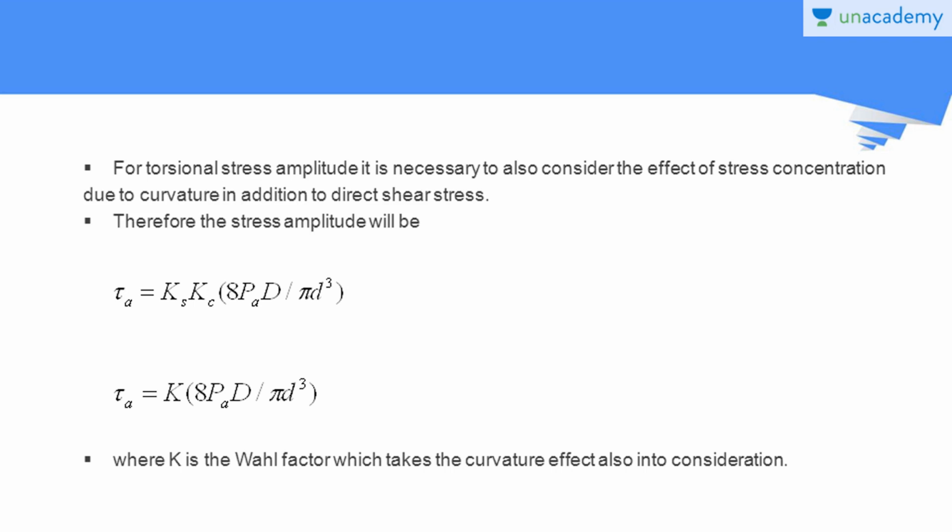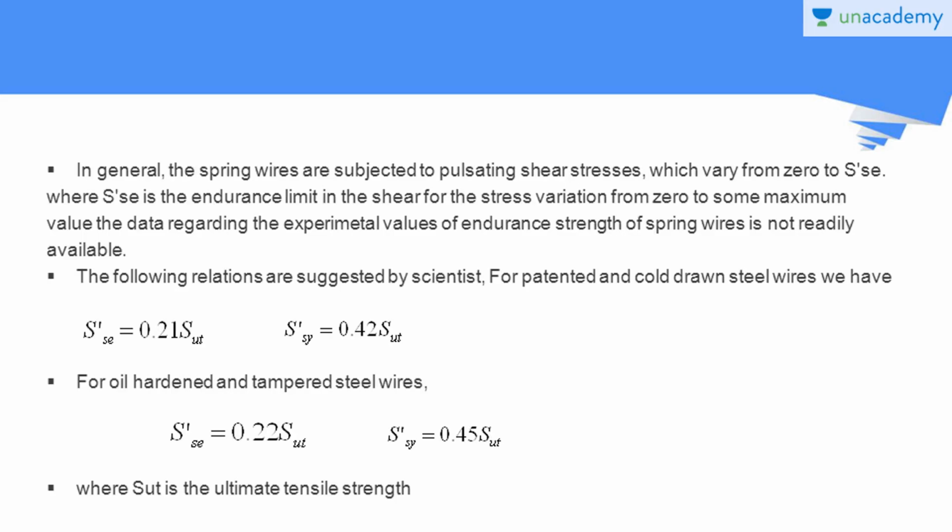In general, the spring wires are subjected to pulsating shear stresses, which may vary from 0 to S'se, where S'se is the endurance limit in shear for the stress variation from 0 to maximum value. The data regarding the experimental values of endurance strength of spring wires is not readily available.